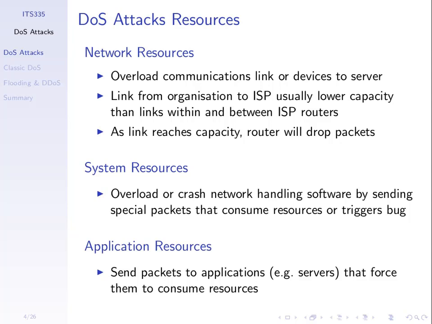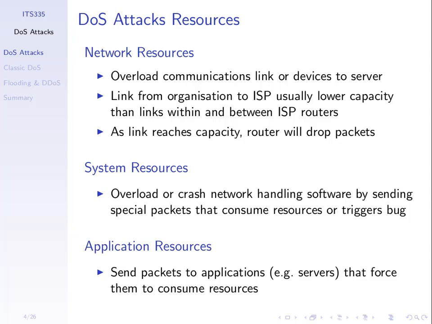And that often happens if the link from an organization, like your organization, your company, your university that has a service on offer, the link from the organization to their local internet service provider is often slower than the links inside the internet service provider. And we'll try and illustrate that with a diagram, but a bottleneck arises at the organization's link. For example, SIT is connected to an internet service provider to get our outside internet access.